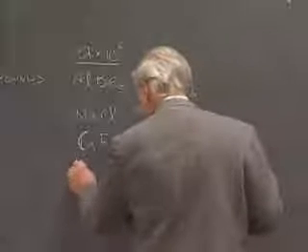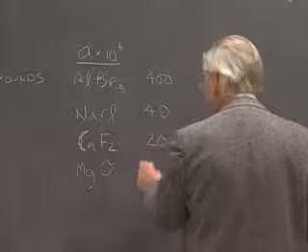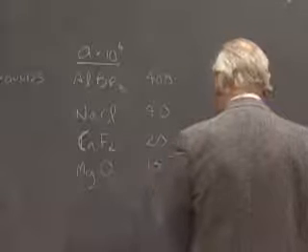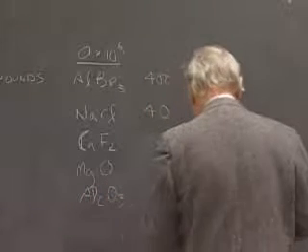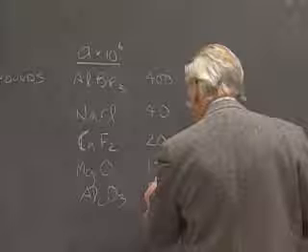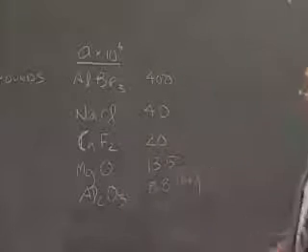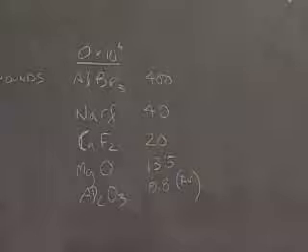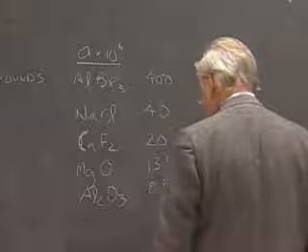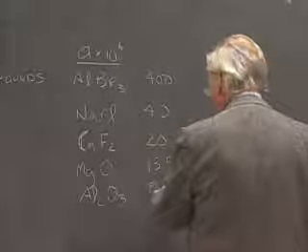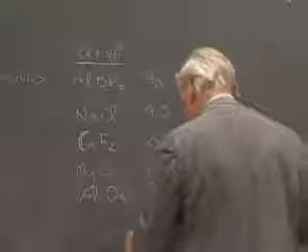For MgO, both a divalent cation and a divalent anion. As you would expect, the thermal expansion coefficient drops still more. For Al2O3, a trivalent cation, that goes down to 8.8. And that's really an average because this is a hexagonal material. And a second-rank property tensor for a hexagonal crystal has to have 2 equal diagonal elements and 1 independent diagonal element when you diagonalize the tensor.